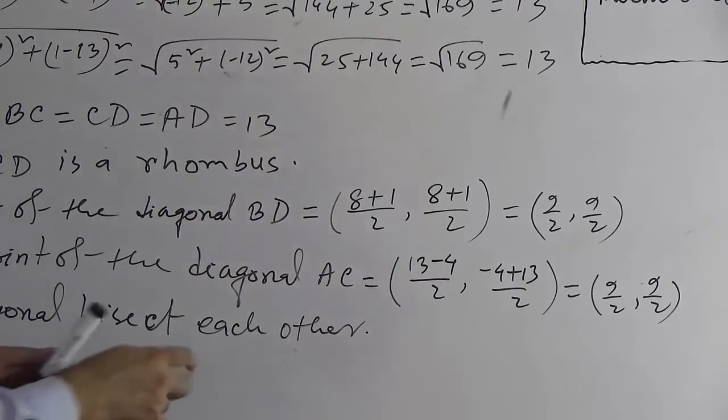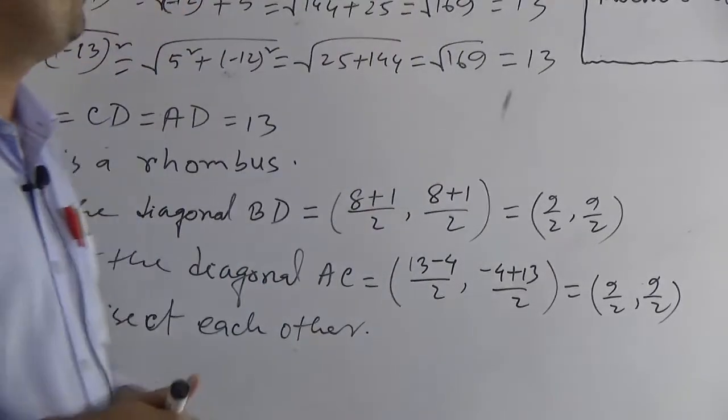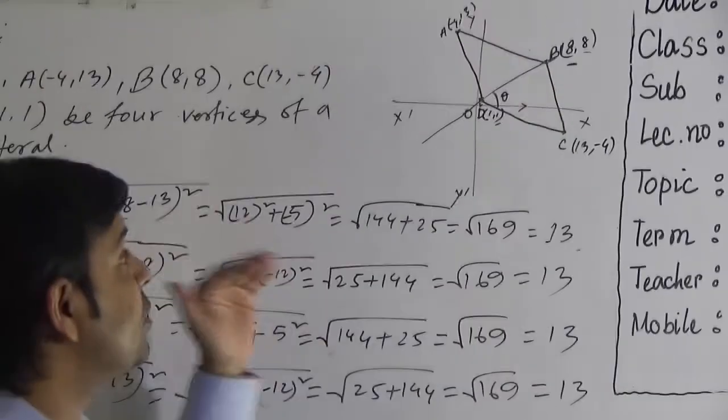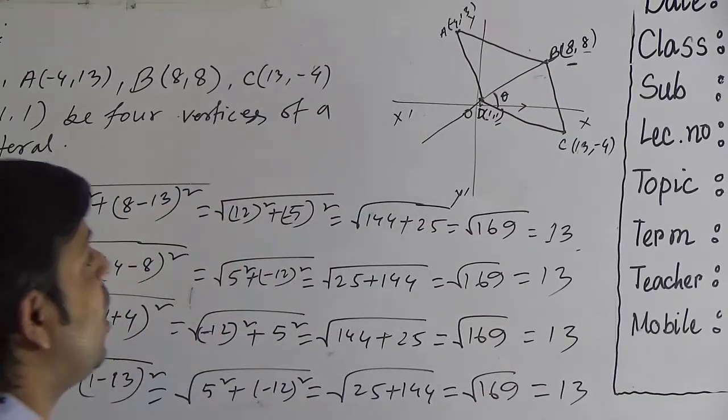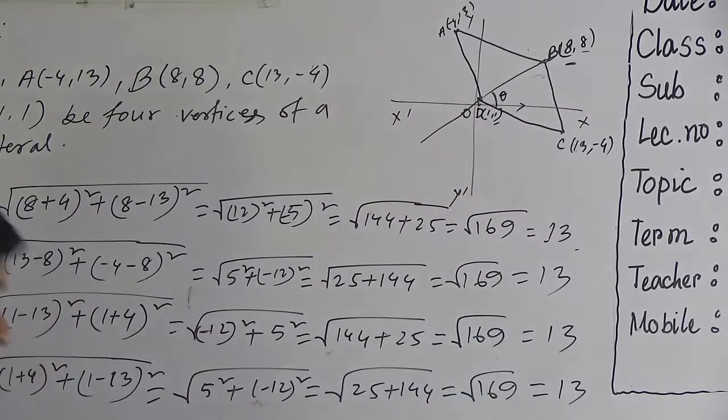And then we need to prove that the diagonals bisect perpendicularly. How can we prove this? To prove this, we need to determine the slope of the diagonal BD. I have determined this in the first part.